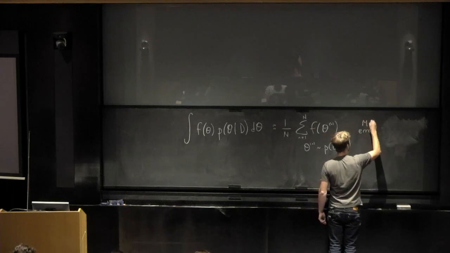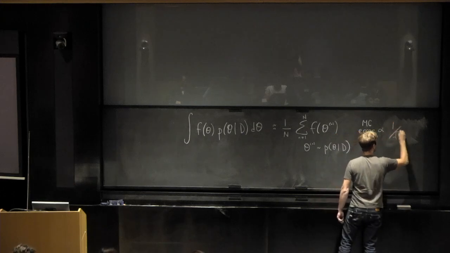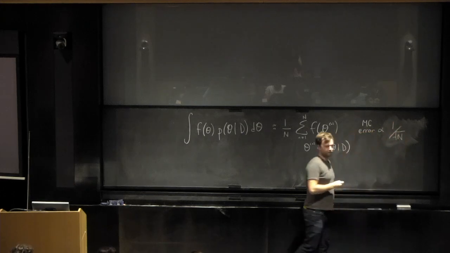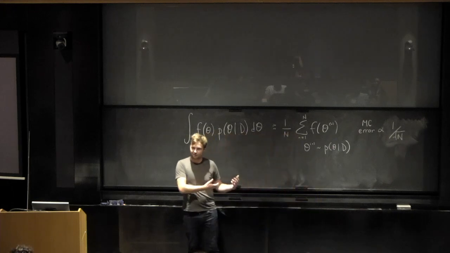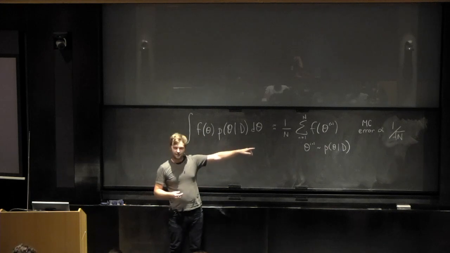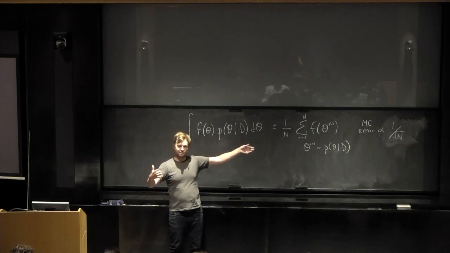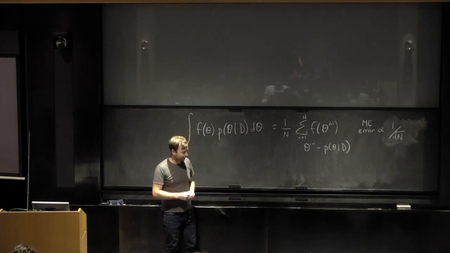The Monte Carlo error on this is proportional to 1 over square root of n. So as you get more samples, your estimate of this integral, which is the thing that you actually want to do, scales like that. You get more samples, and your error bar gets smaller, and we all get happy, right?